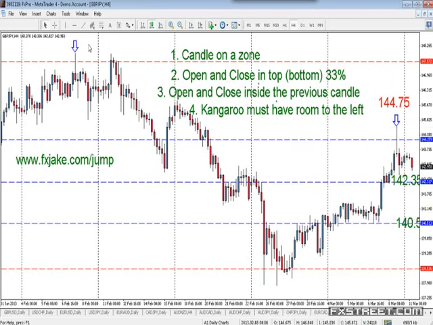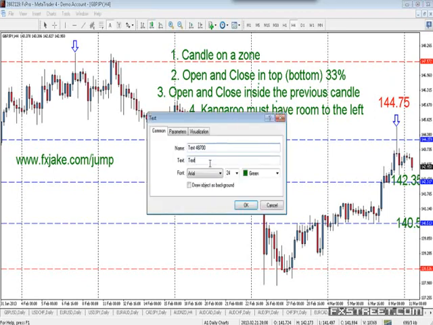And finally, the last thing I do is, and this is the conservative entry. We're going to talk about an advanced entry in a moment. But the conservative way, the standard way, the run-of-the-mill way of entering these is that the market must break the Kangaroo Tail on the next candle.